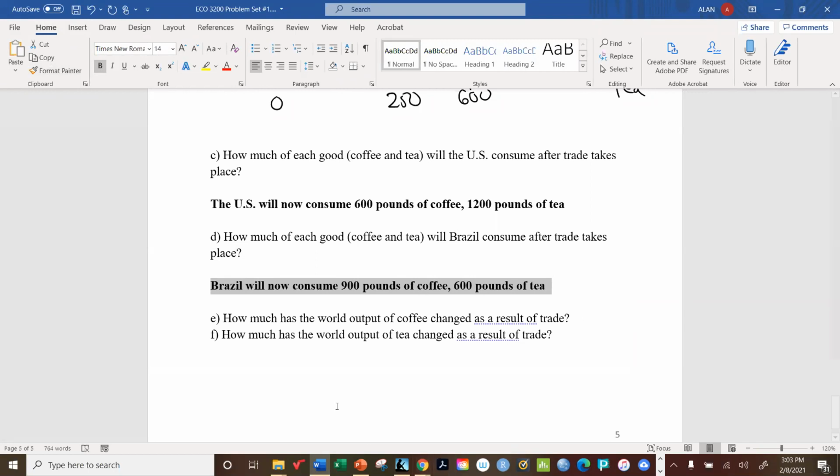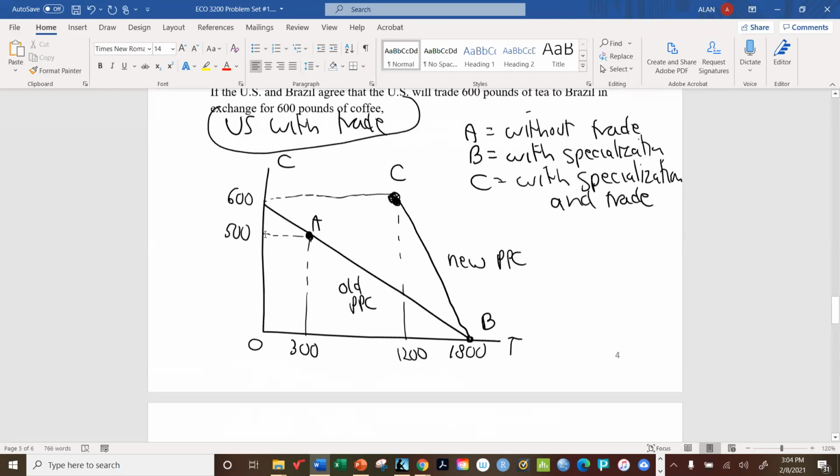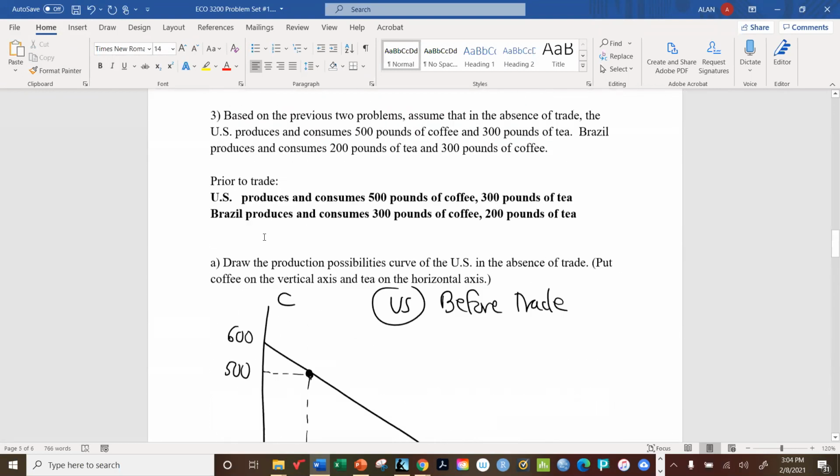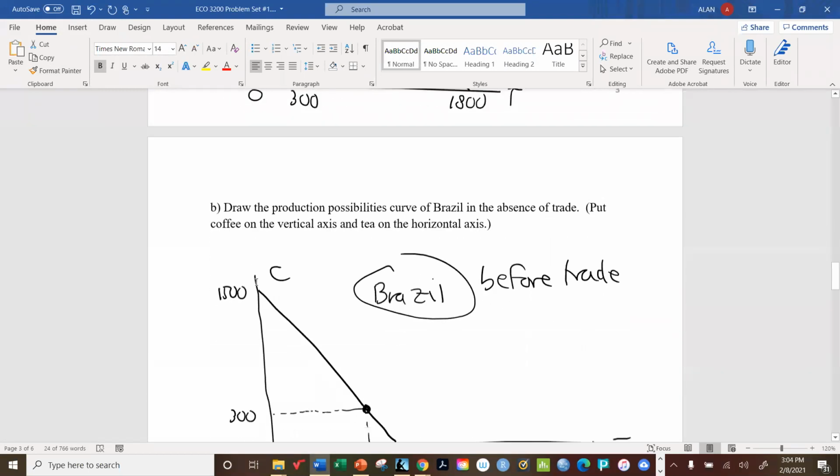Now, what I would like to do, it doesn't ask us to do this, I'd like to show you what it used to look like. So again, before trade, let me just copy those results from down here. Before we had trade, we had these two results.